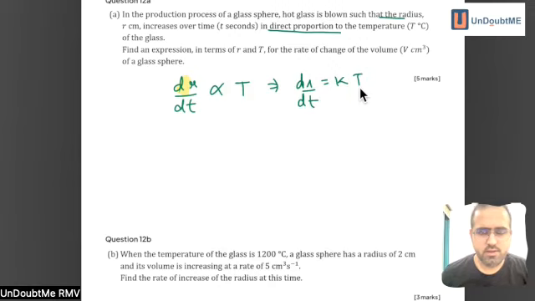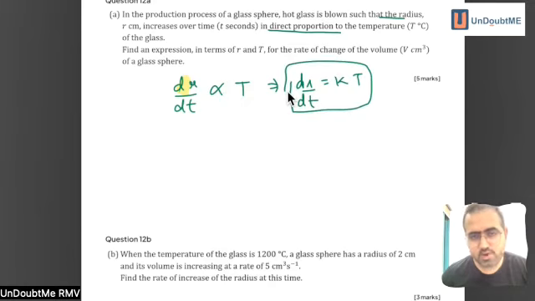Sir, I wrote something like that, but not exactly. Rakeen, what about you? I wrote that dr over dt is directly proportional to t, but I don't understand how I got dr over dt equals kt. Because it is proportional, and when we have to use it later, we have to write it in terms of k and T.